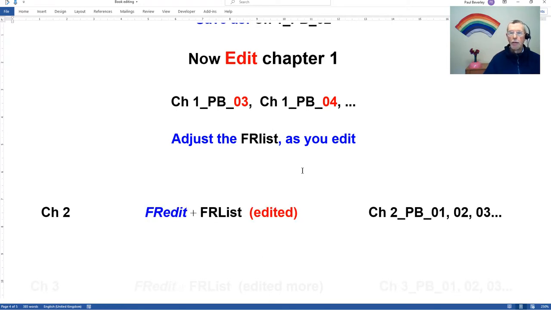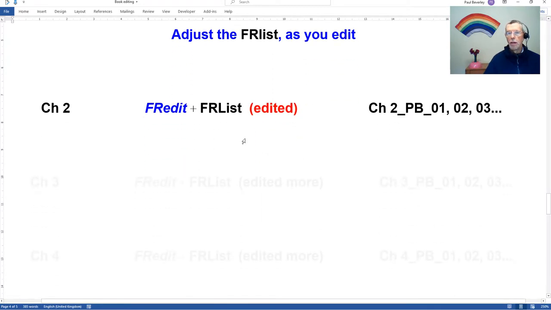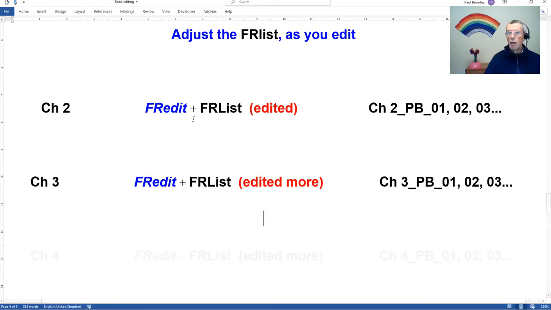So I get on and I edit chapter 2. I load up chapter 2, save it, run Fredit, and then carry on and edit that one.